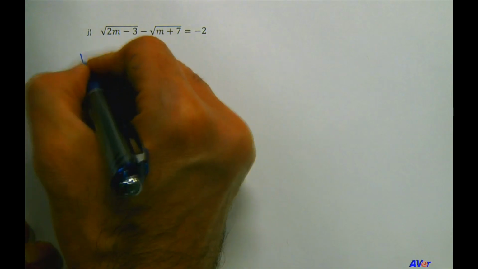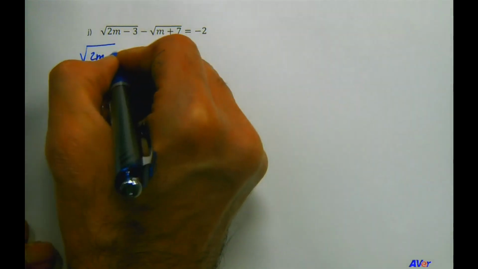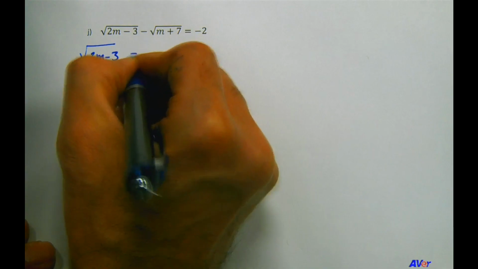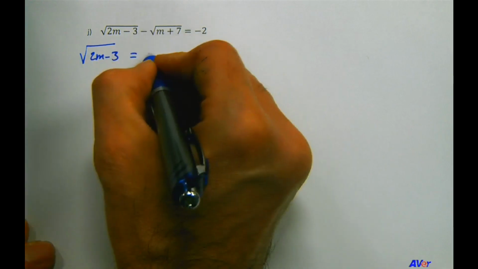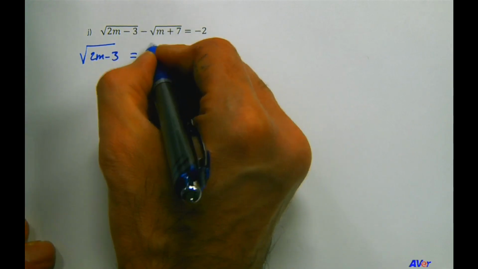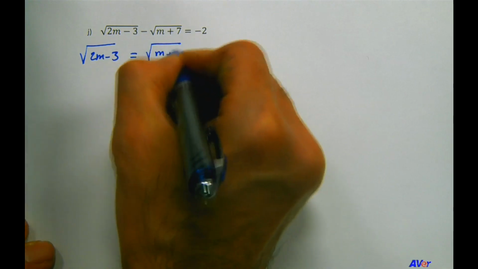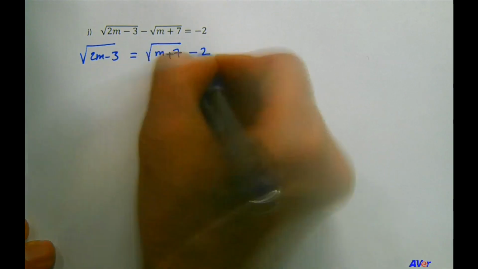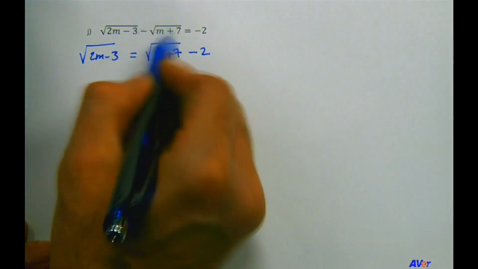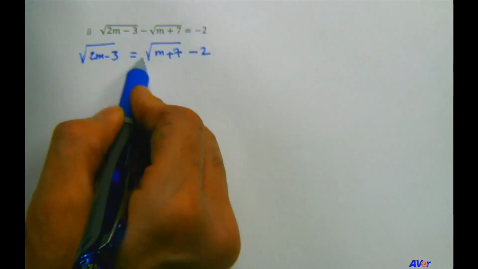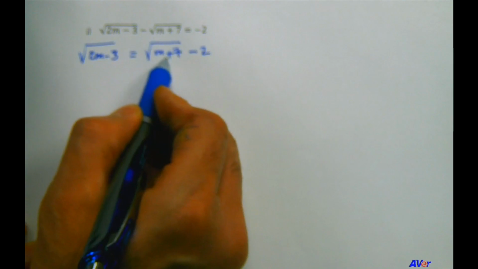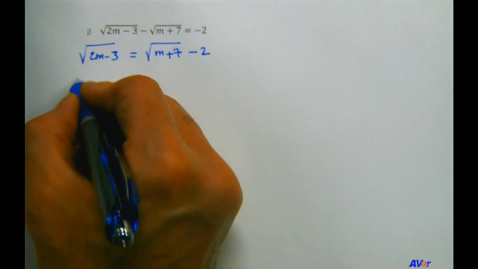So I have square root of 2m minus 3 equals, I'm going to send this one to the other side. So we end up with positive square root of m plus 7 minus 2. Right? It was negative on this side. When I moved it, it became positive square root of m plus 7. Now we can square both sides.